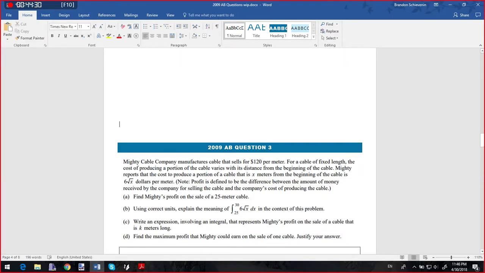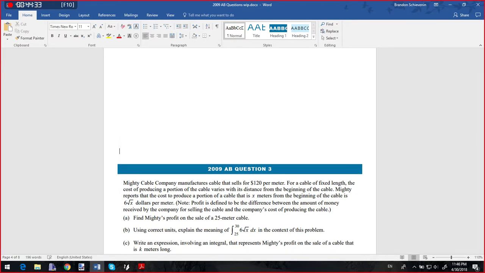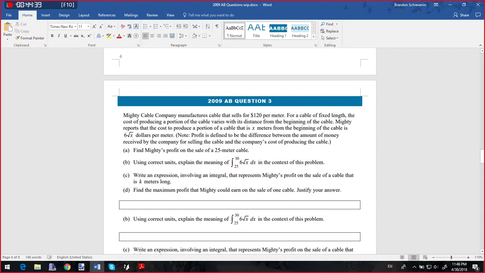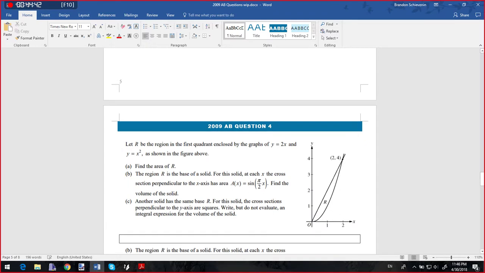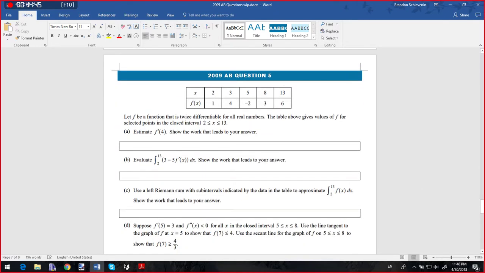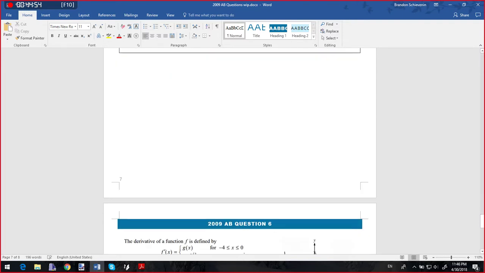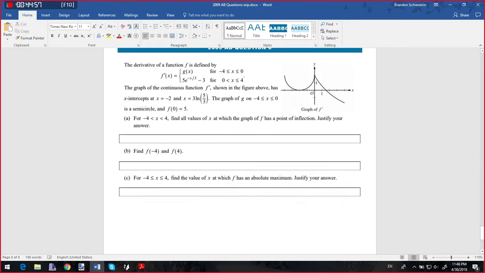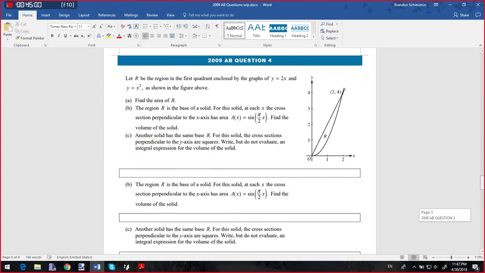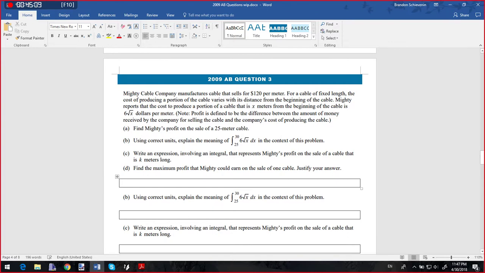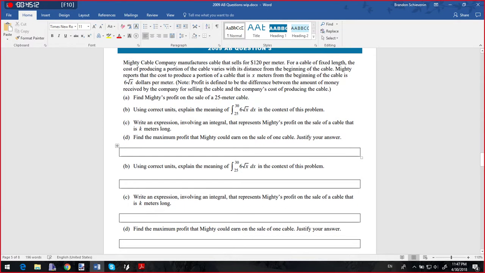I think we've got time for maybe one more. Preview really quick. I've got one that looks like disk and shell method, one that has some Riemann sums and secant line, tangent line stuff, one that is graphical integration, and one that is really just integration.